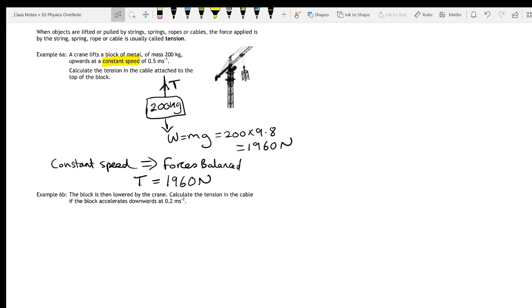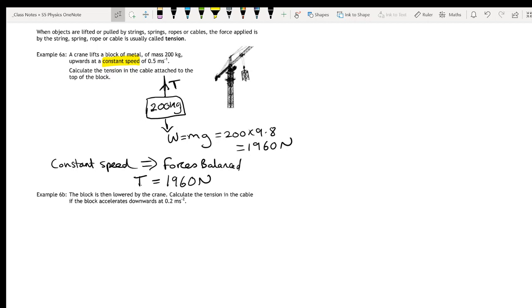If it doesn't talk about air resistance, we're assuming that it's negligible. It will be negligible in this situation. Okay. So the important thing to notice is the upwards force in this case is your tension, the rope.